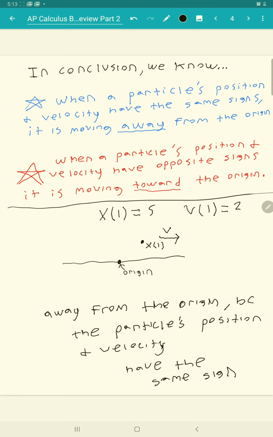That is all the explanation that you need. And if they had opposite signs, you could say it is moving toward the origin because they have opposite signs.